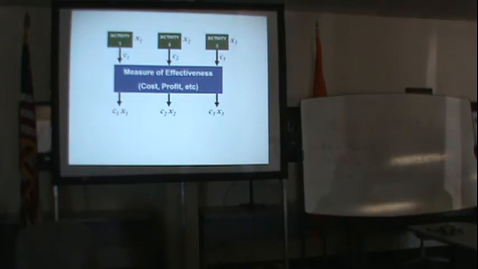Okay, this is proportionality. Now, this second property or assumption of linear programming is that if you want the total contribution from the system, what you have to do is add the individual contributions from the components. In other words, there are no gains, no losses when you put them together.